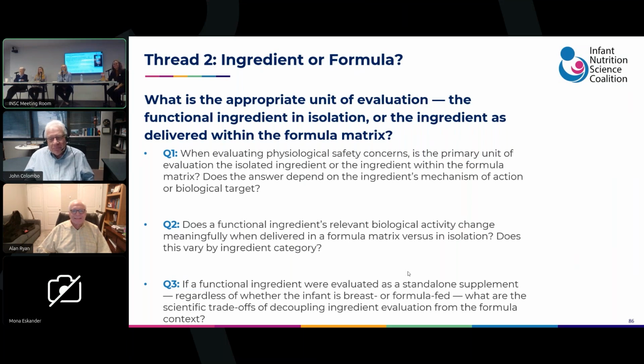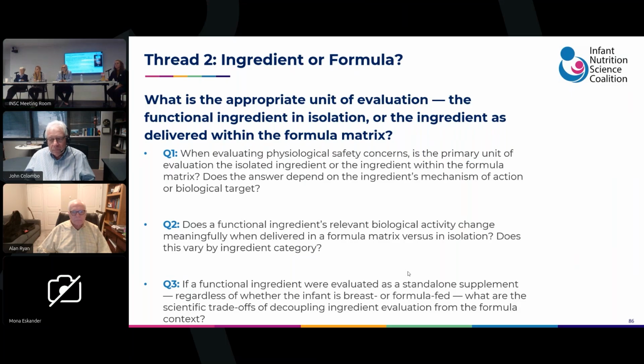I think that it can be useful to study the isolated component for assessing safety. For example, let's say you wanted to study the effect of something that the FDA is seeking clinical evidence for, and you study that in a population that is older than an infant.